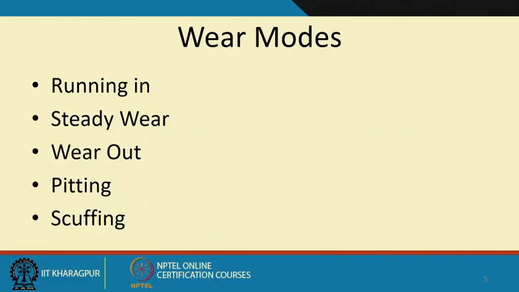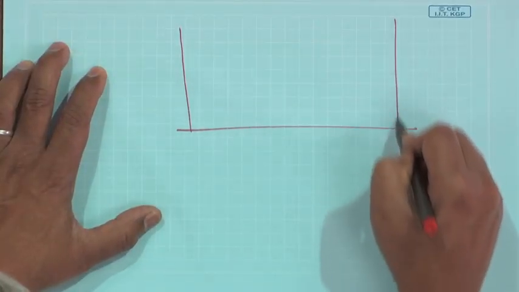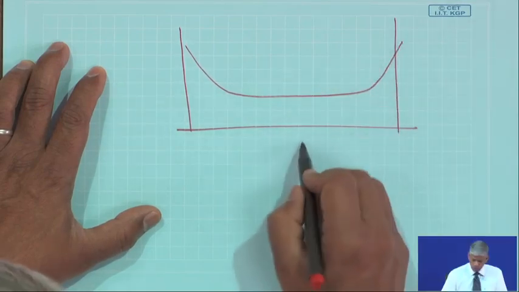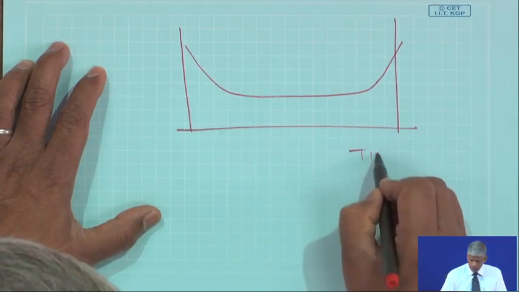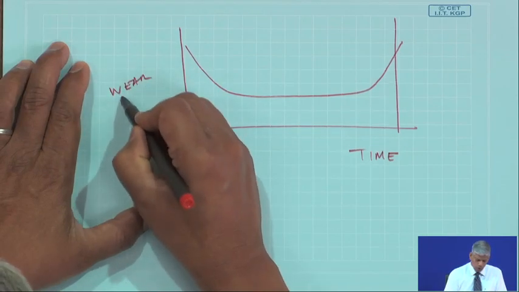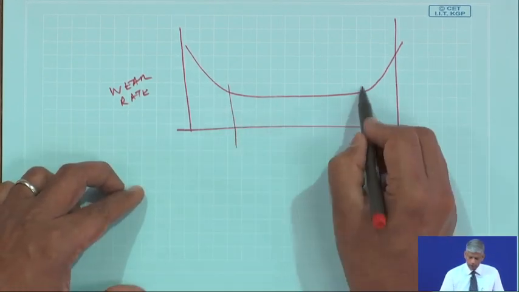So, some of the wear-in modes, you recall the bathtub curve. With time, wear rate, and which we have defined this as the useful life period.